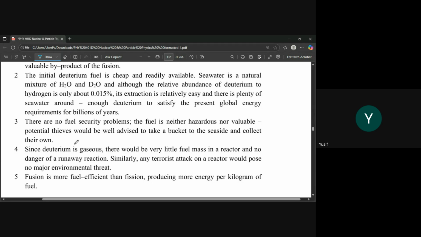But when you are talking about the fusion reaction, where you can use seawater to generate your deuterium, no one will bother to come and steal or take some, because the sea is plentiful, so you can just go there and take your own. When it comes to that, security is also not a problem as far as nuclear fusion is concerned.